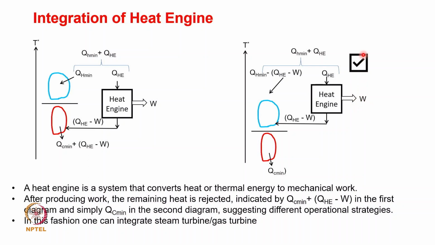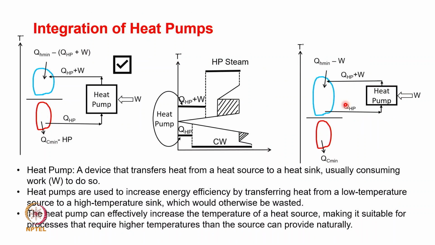So this is one way to extract useful work and integrate a heat engine into the system. This is how you do cogeneration, for instance, by means of a turbine and a steam generator or gas turbine in the plant.